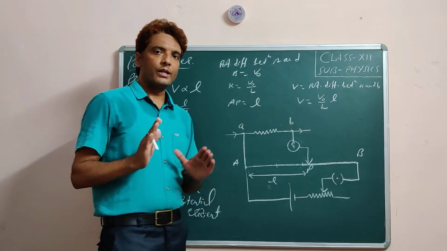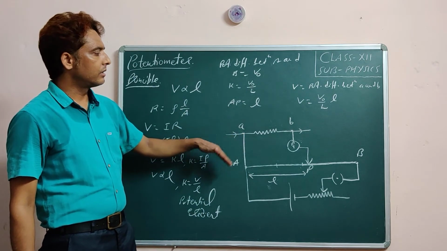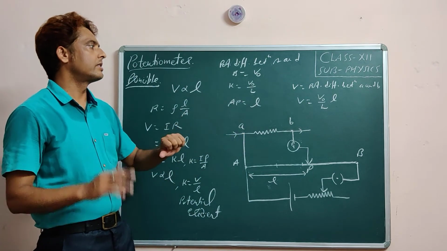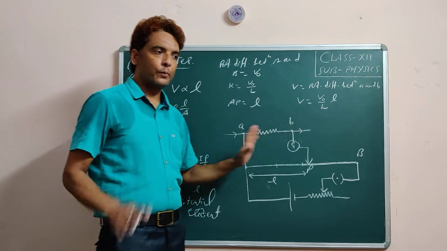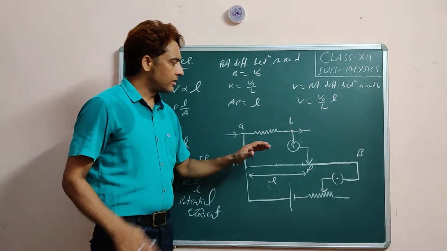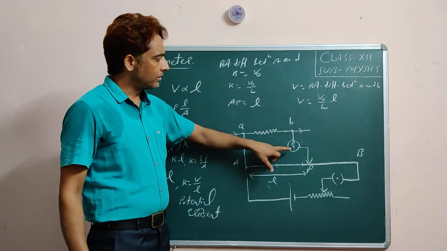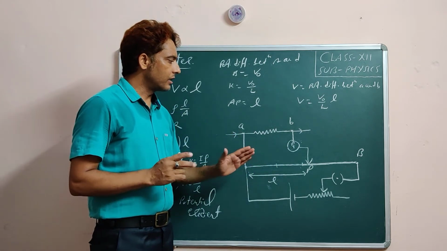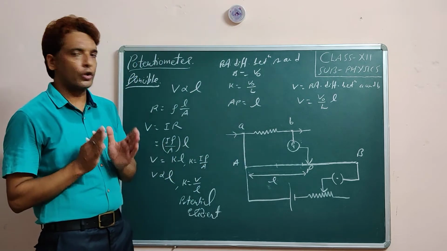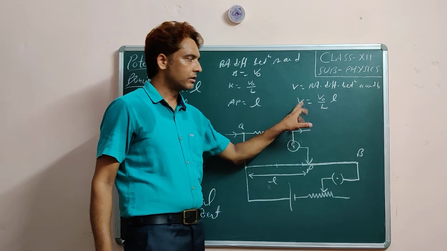Now why is this an accurate method for measuring potential difference? Because the potentiometer works on the null point method, meaning the galvanometer is not showing any deflection, meaning the circuit is not drawing any current, so this potential difference is accurate.